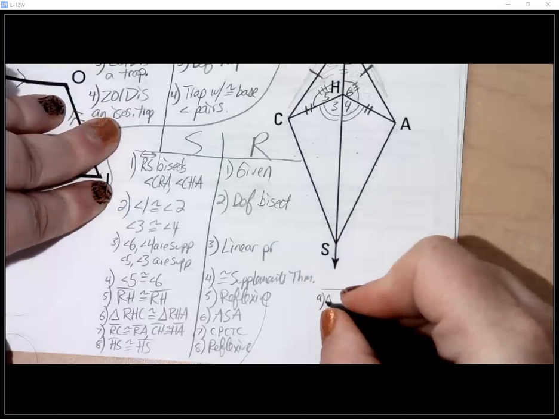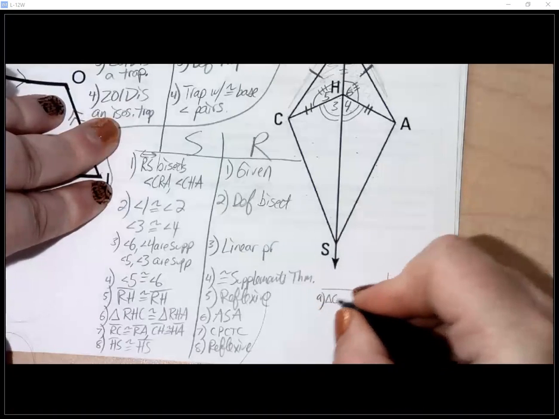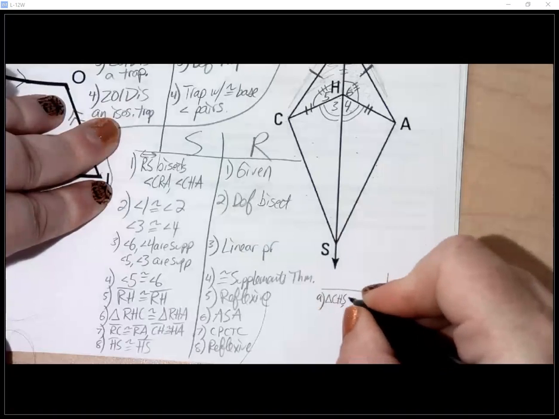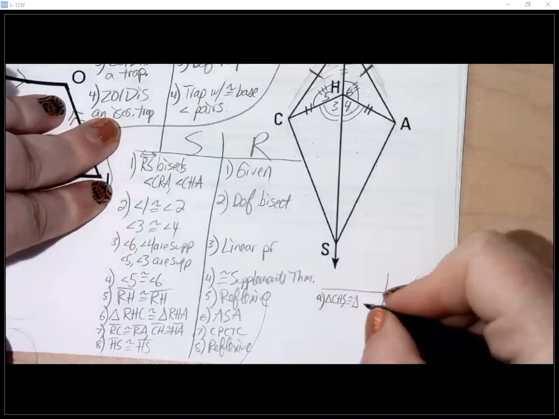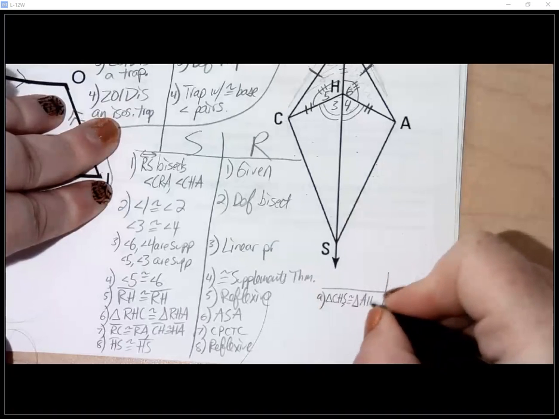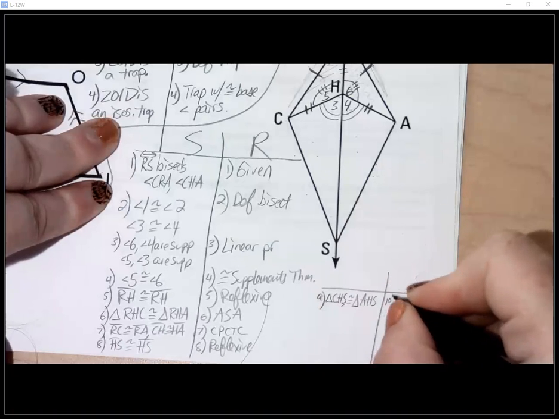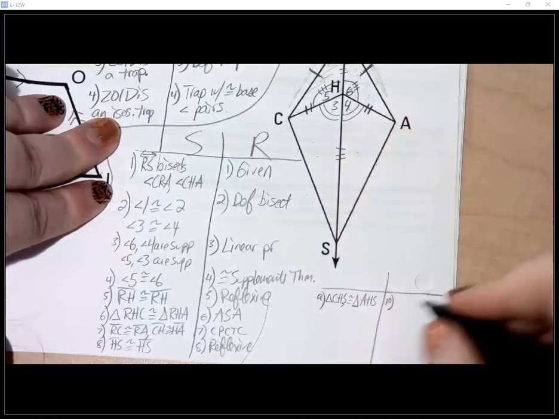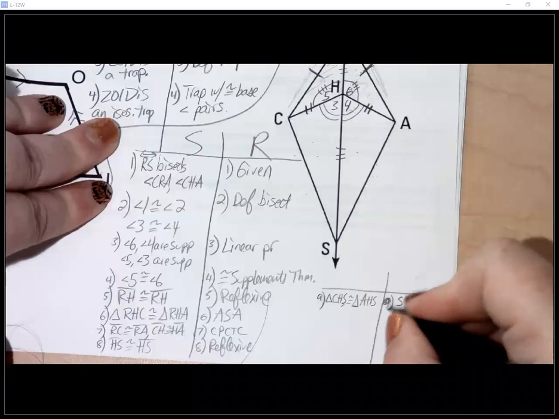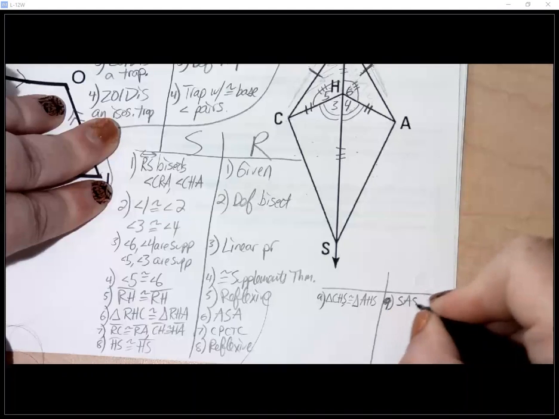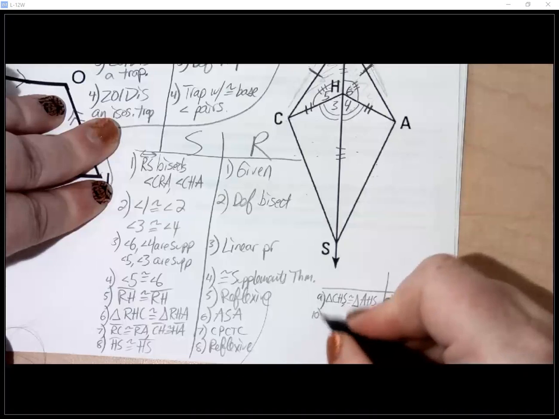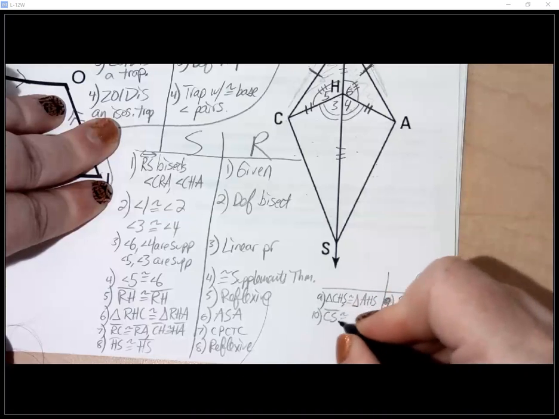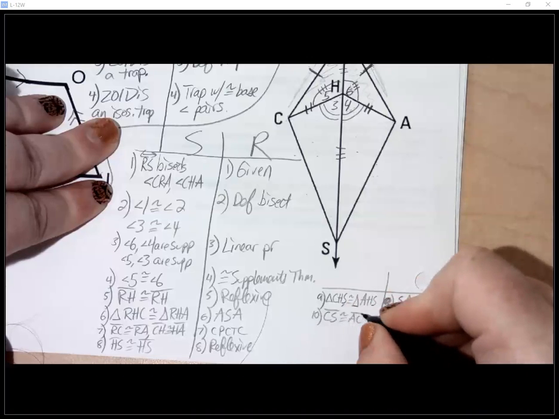So now I can say triangle CHS. If I say CHS, you say, you got it, AHS, because of side angle side, which means that CS is the same as AS because of, you got it, CPCTC.